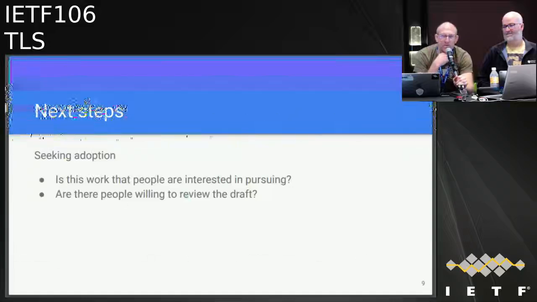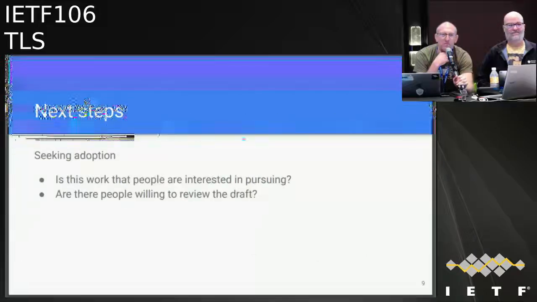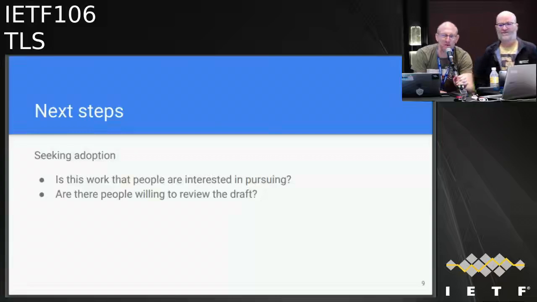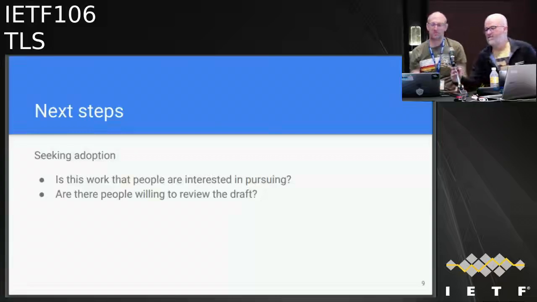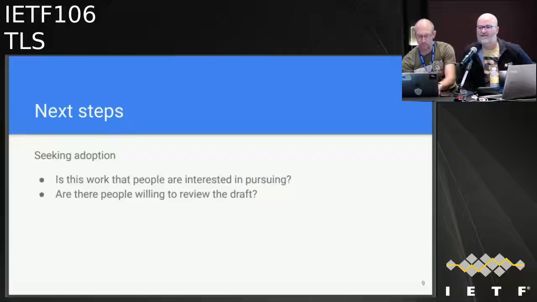How many folks are willing to review this draft? About 10. Are folks willing to contribute text? About 5. Great. So we'll take that to the list to verify working group consensus for adoption, and we'll kick that off. David Benjamin, you're up next.